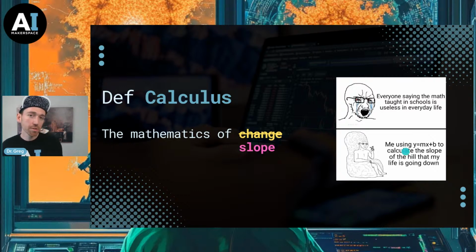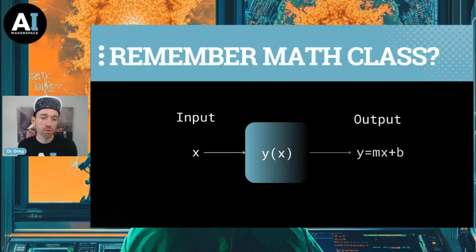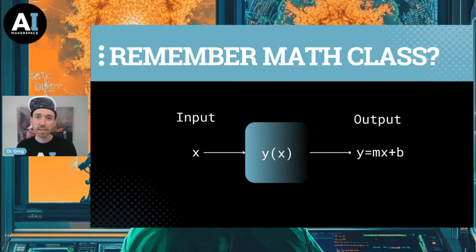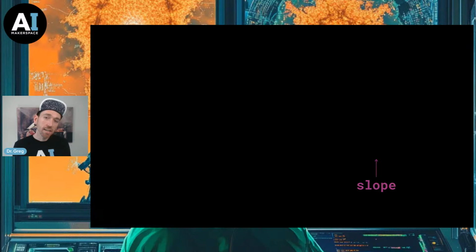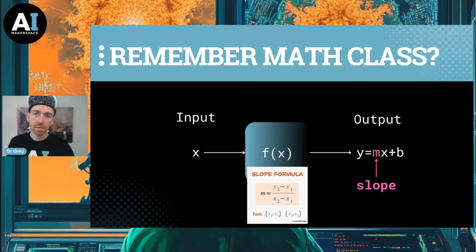Because remember, when we were in math class, maybe the last one some of you really took seriously or even took at all, this problem was solved by looking at slope and essentially looking inside of our function, our black box, and figuring out exactly how, when I change the inputs, the outputs would change.